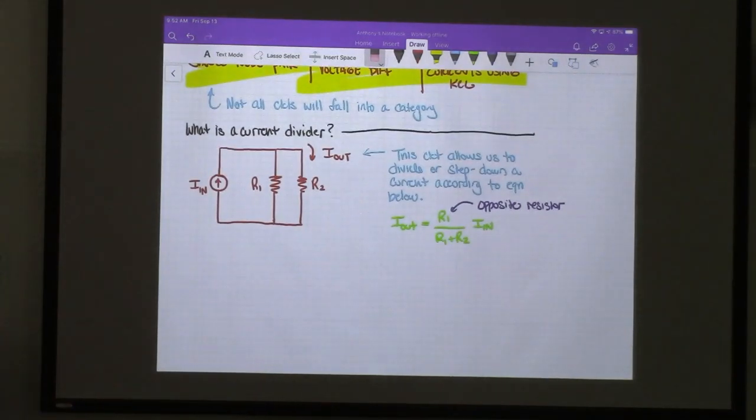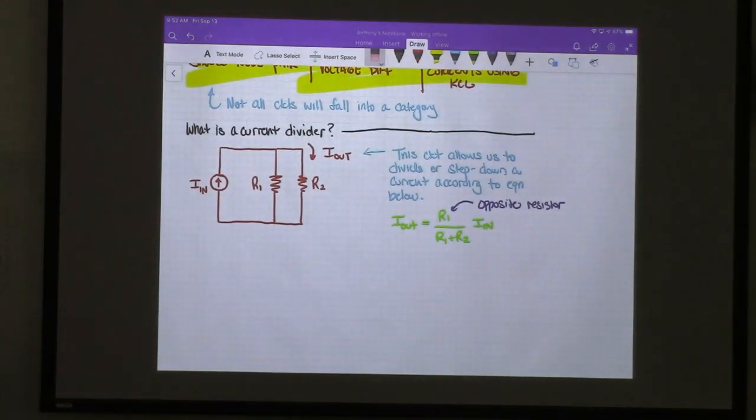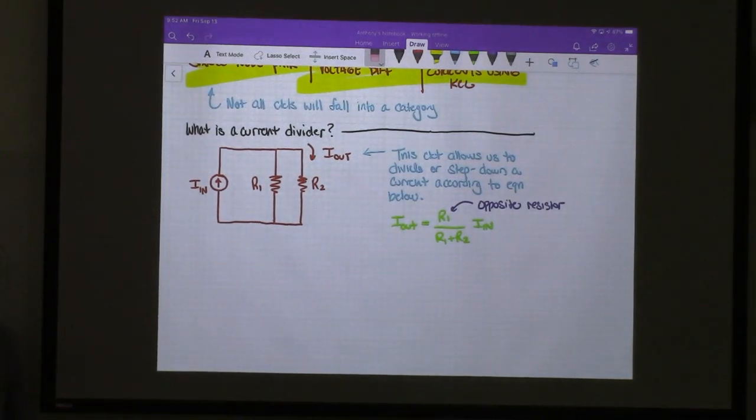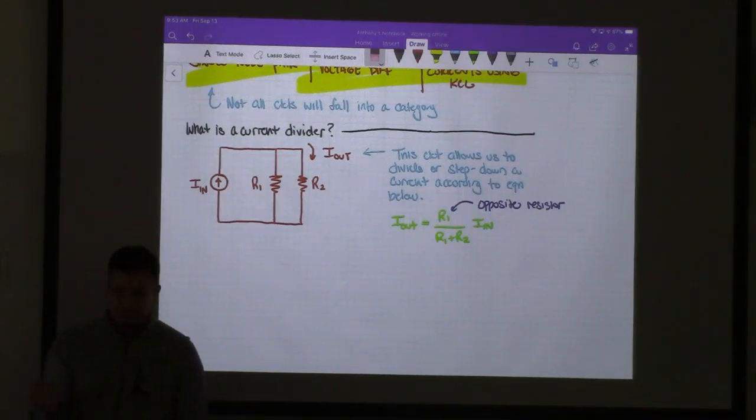Okay, so now the current divider. The current divider is a single node pair circuit, as you can see, and it is the complement, in a certain sense, to the voltage divider.